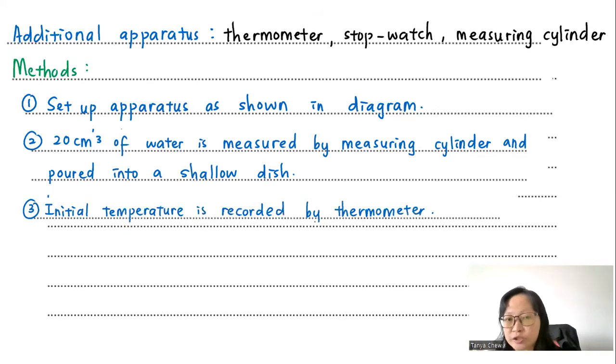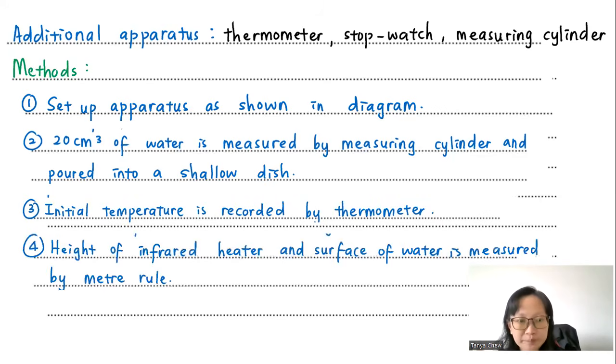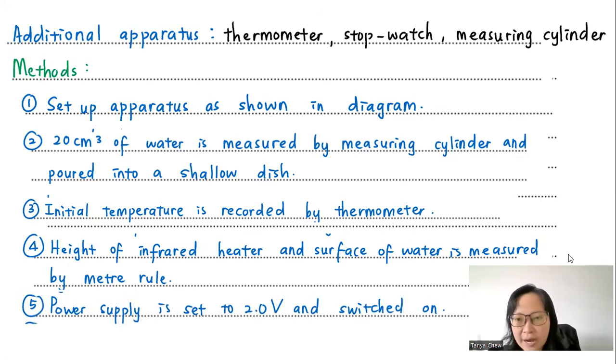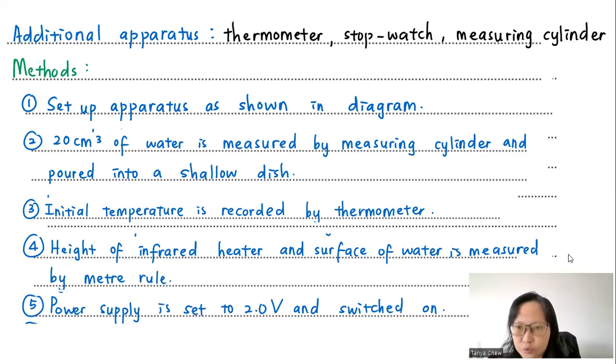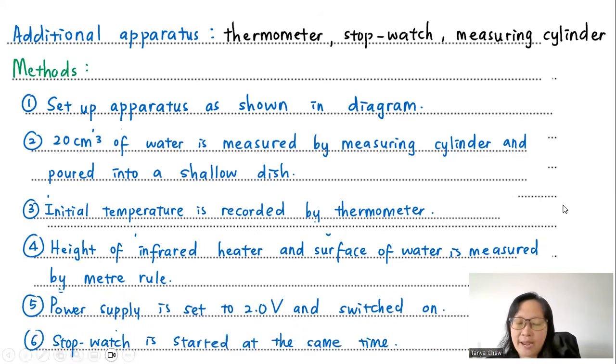The initial temperature is recorded by my thermometer. The height of the infrared heater above the surface of the water is measured by a meter rule. Power supply, I set it to 2 volt and I switch it on. And my stopwatch is started at the same time when the power supply is switched on.